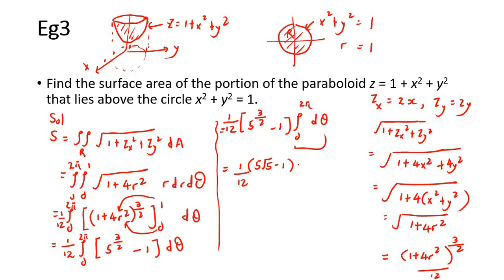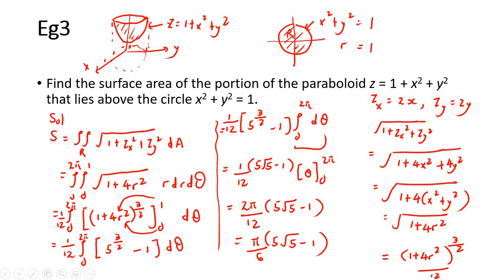This part will get theta from 0 to 2 pi, so it will be 2 pi over 12 times (5 root 5 minus 1). So this is pi over 6 multiplied by (5 root 5 minus 1).